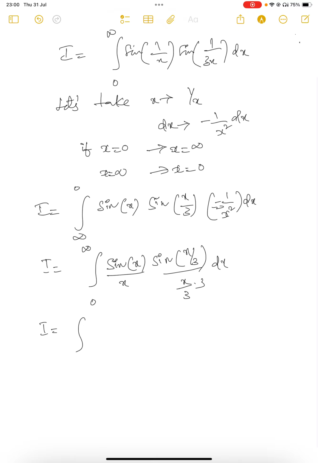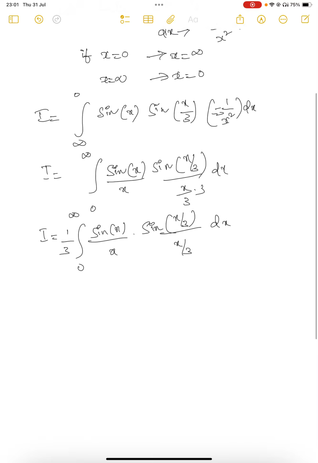This is integral 0 to infinity. This 3 part will come out, it will be 1 by 3. Then it is sine of x by x into sine of x by 3 by x by 3 dx.